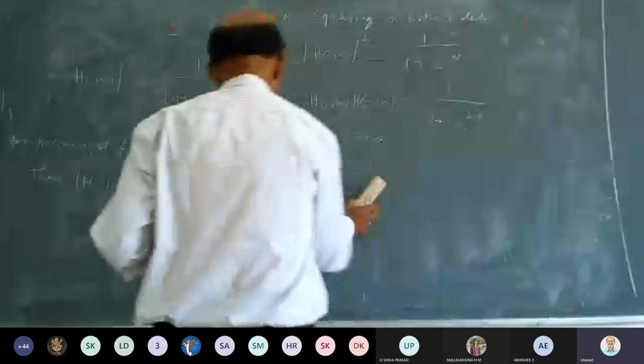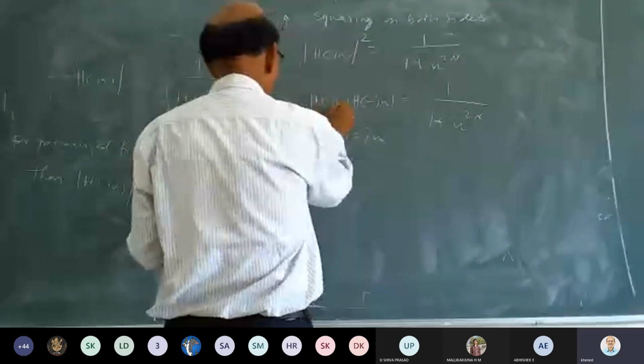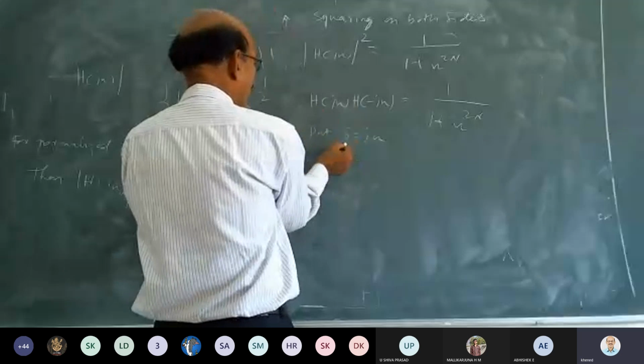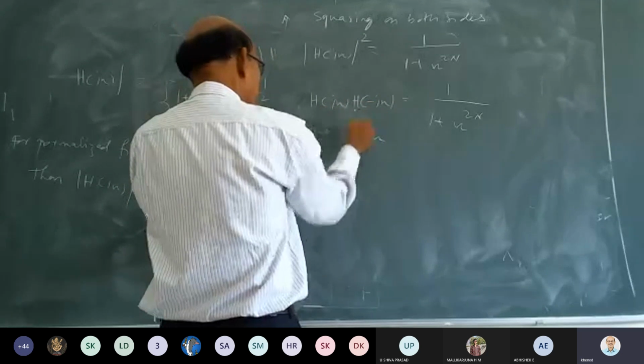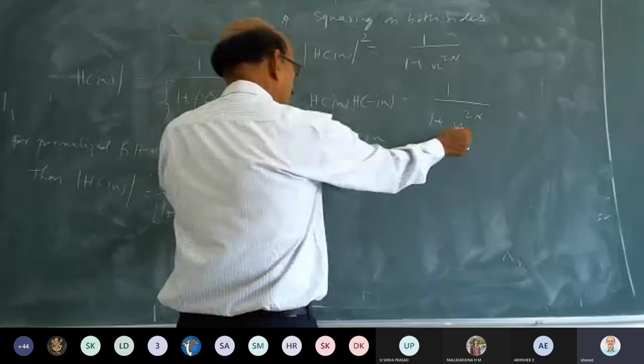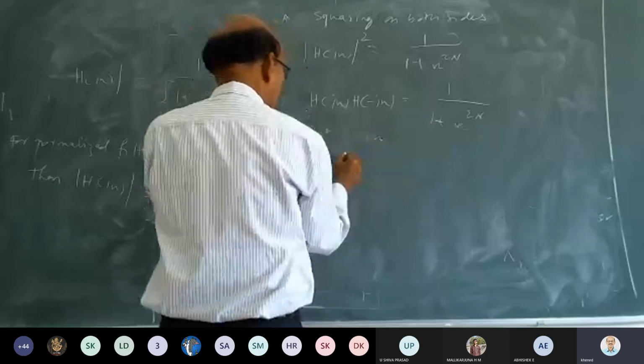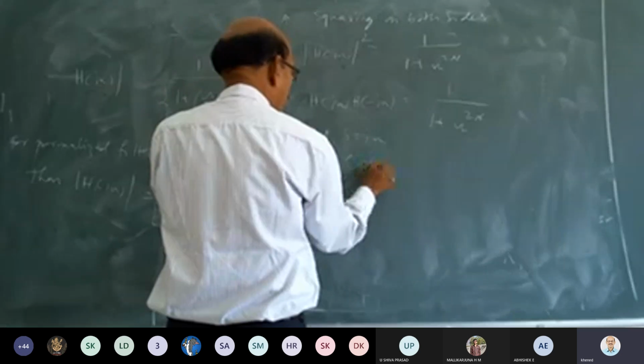With that, H(jω) can be written as H(s), and H(−jω) can be written as H(−s). And here I have ω. What is ω? S equal to jω, or ω is equal to s by j.